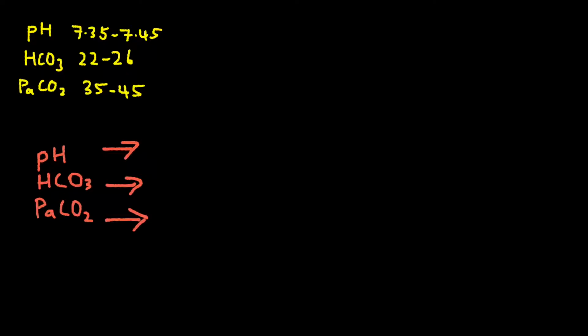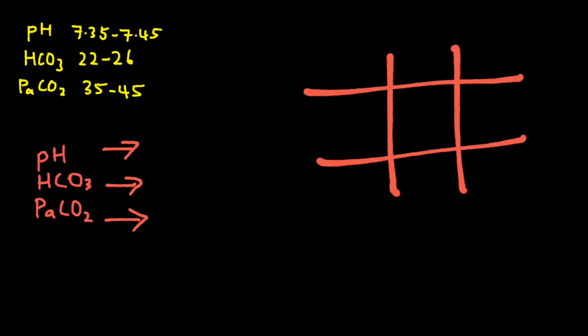Firstly, we will try to solve it by doing the usual tic-tac-toe. So let's say we are given three values, one for pH, HCO3 and PaCO2. Let's say for pH we have a value of 7.25, HCO3 we have a value of 21, and PaCO2 we have a value of 32.